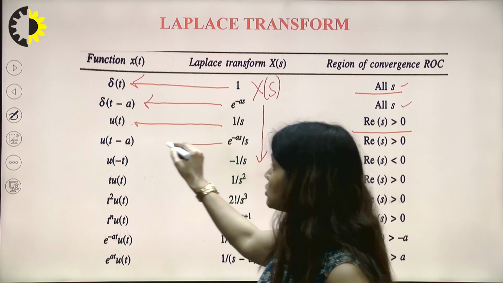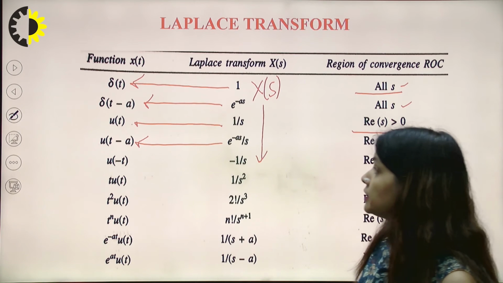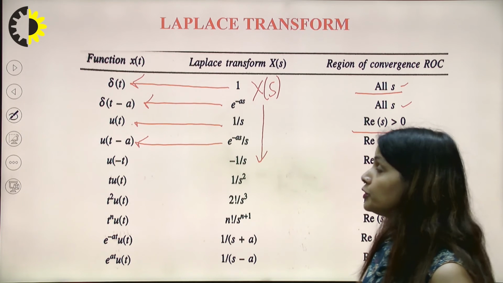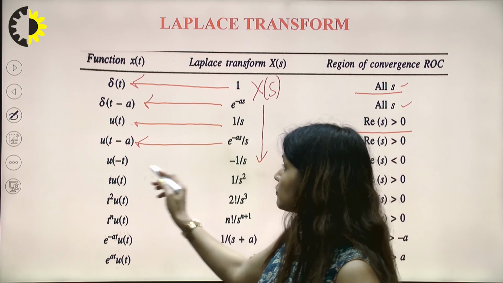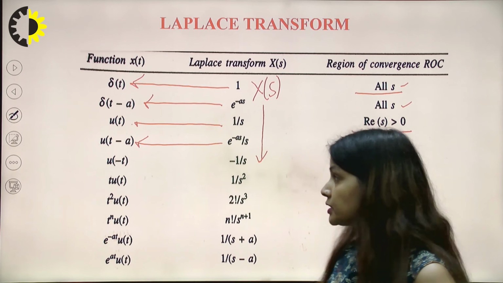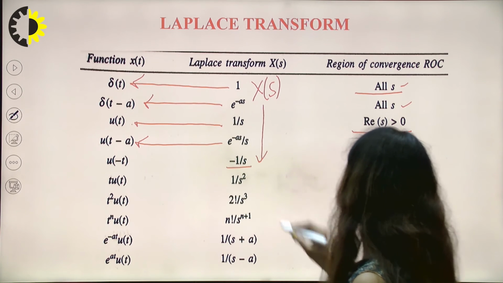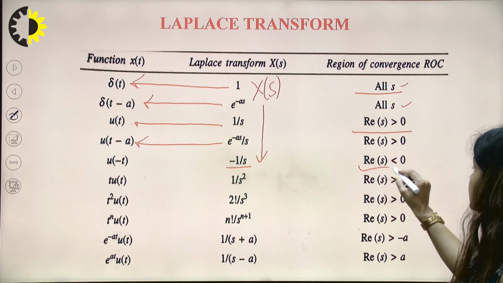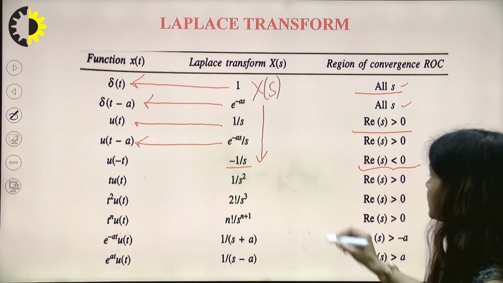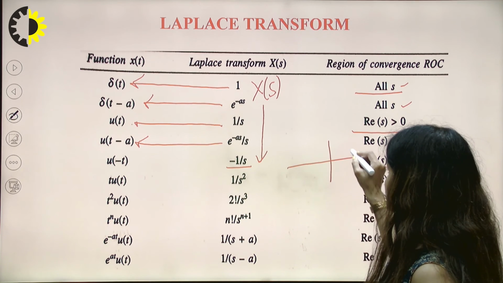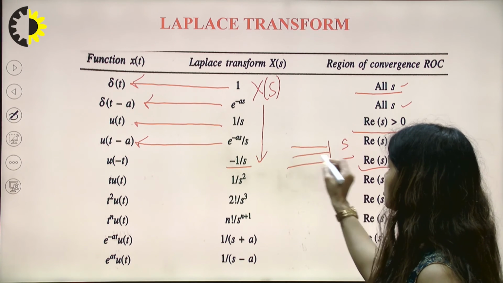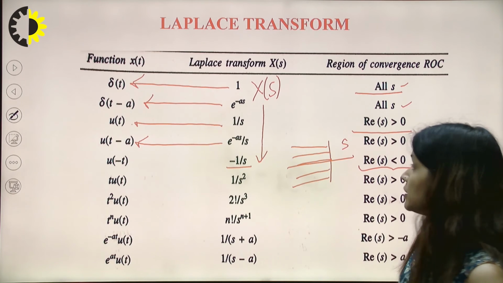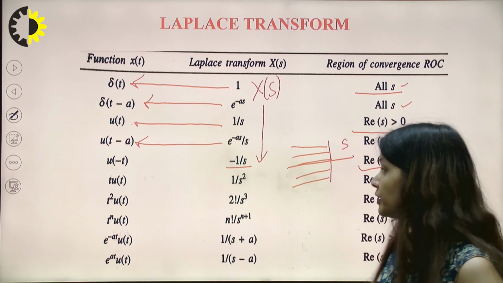Similarly, e raised to the power minus as upon s, the inverse Laplace transform will be u(t minus a). Minus 1 upon s, the inverse Laplace transform will be minus u(minus t), and here the real part of s is less than 0, that means the region of convergence is obviously the left side of the S plane.